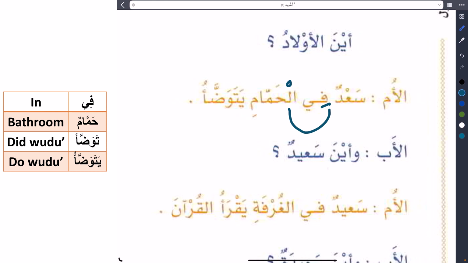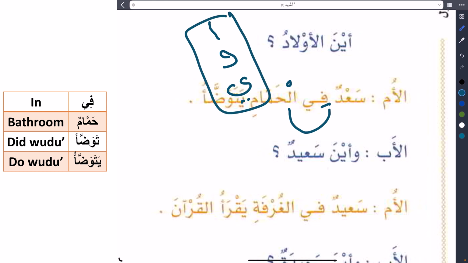Why is that? This has a detailed rule, but now all you need to know is, if the last letter of a word is a vowel. What are vowels in Arabic? Vowels are stretching alif or stretching waw or stretching ya.